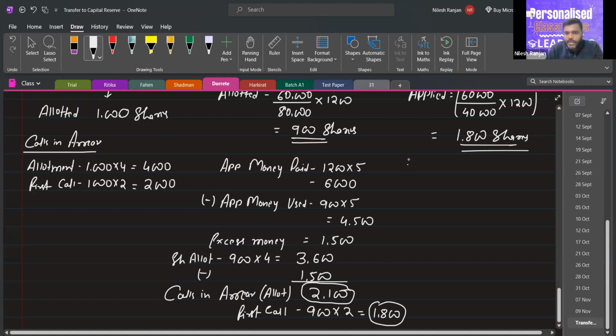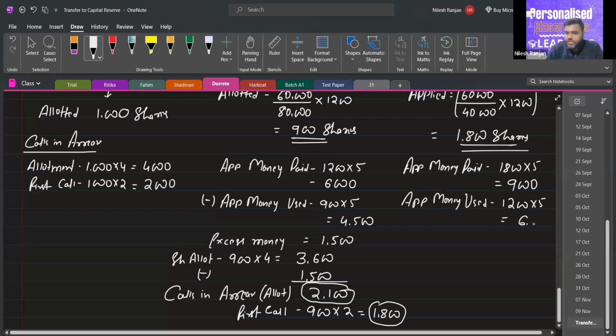Now we will talk about this category. Application money paid by this shareholder is 1800 into 5, that is 9,000. Application money used is 1200 into 5, that is 6,000. The excess application money is 3,000.